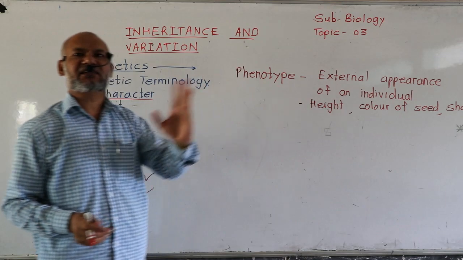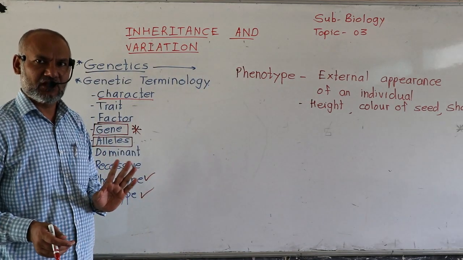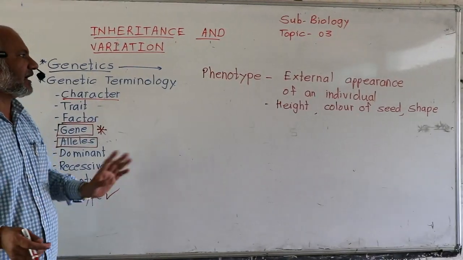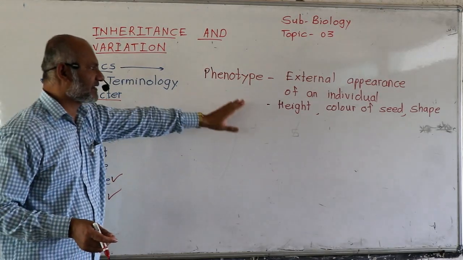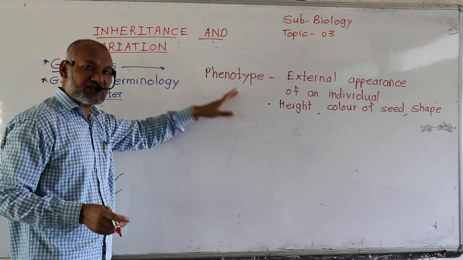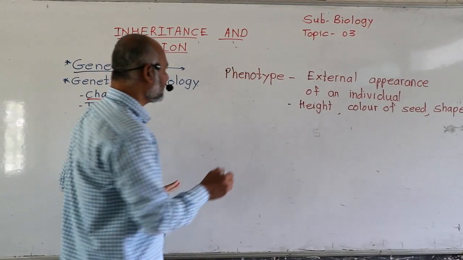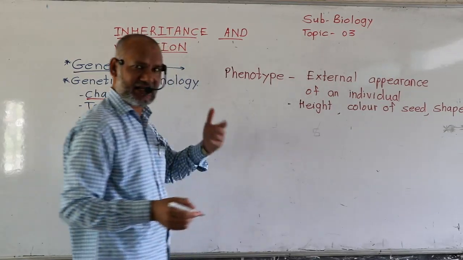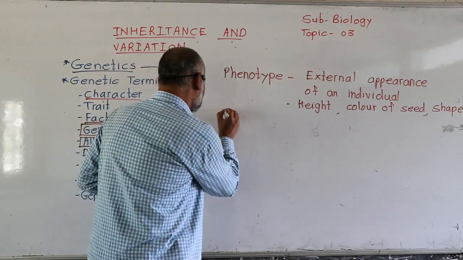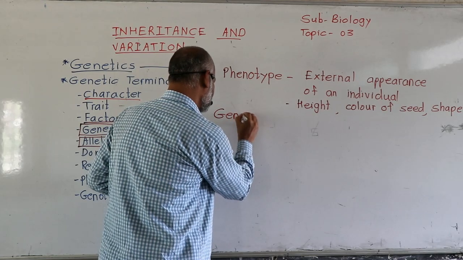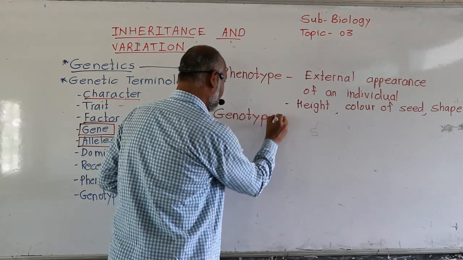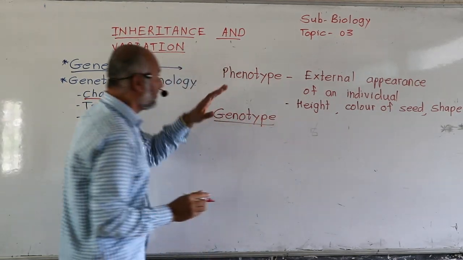Example, suppose height of the plant, color of seed, shape of seed. Now what is this? It is the external appearance, how an animal or an individual appears externally. Now this phenotype, any external character, is controlled by genotype. Understand?